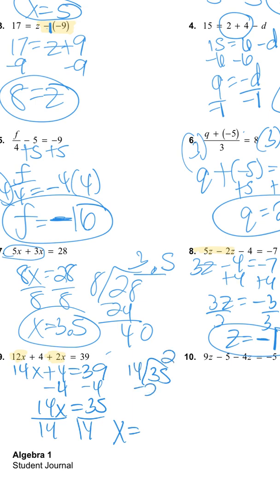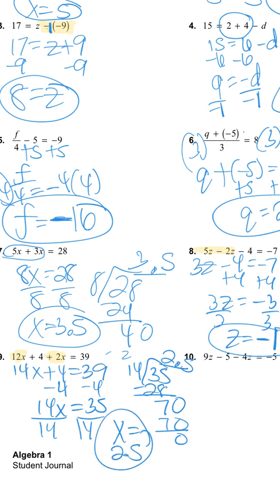So twice gives us 28. So that would give us 7, put a 0. What 5 would be. So 5 times 4 is 20. 5 plus 2 is 70. So that would be x equals 2.5.